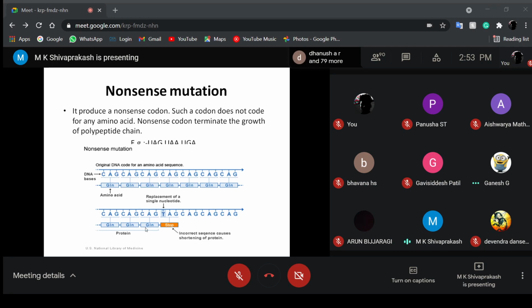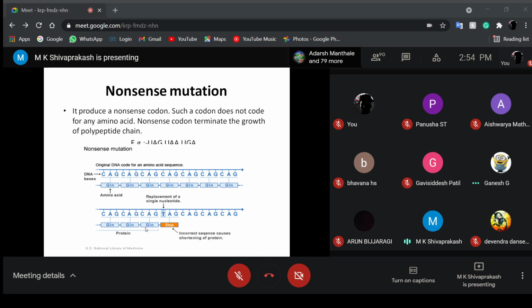during translation, that is the protein synthesis, if the mRNA carries any of these triplets, UAG or UAA or UGA in the middle, then suddenly during translation it results in termination of the protein synthesis.